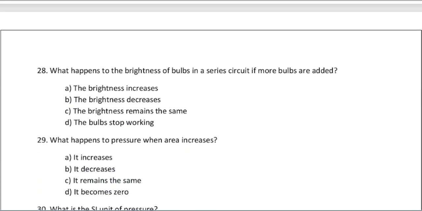Question number 28. What happens to the brightness of bulbs in a series circuit if bulbs are added? Series circuit. Current will decrease, so brightness should decrease. It never remains the same.